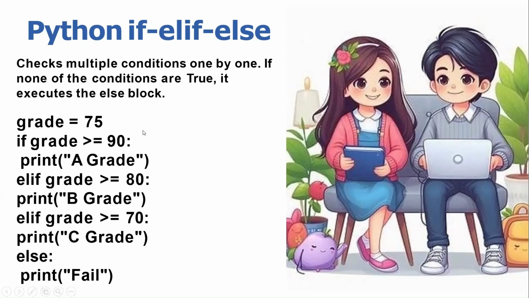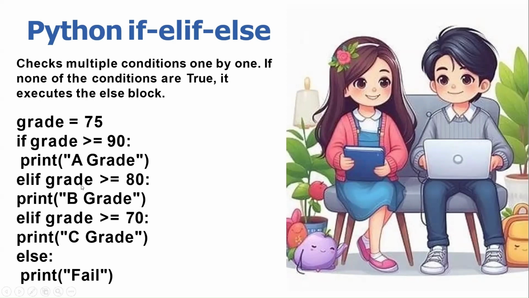So if grade greater than or equal to 90, this line checks if the grade is greater than or equal to 90. If true, it prints A grade. Here 75 is not greater than or equal to 90, so this line will be false. So it will go to the elif part. If the grade is greater than or equal to 80, if true, it prints B grade.